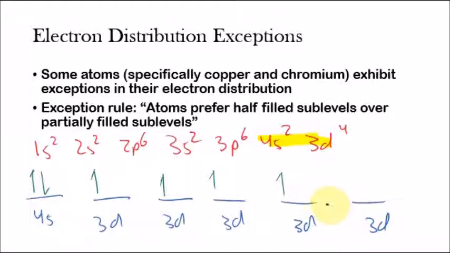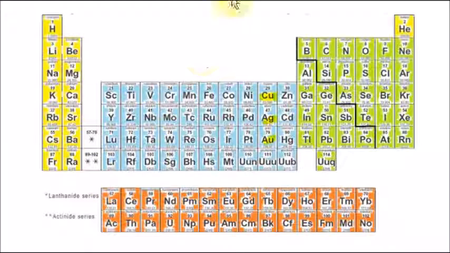So what's going to happen is that this electron right here is going to move over here. One of the electrons in the 4s orbital will come to this 3d orbital, and now all of these are half-filled sublevels. And this is actually preferred. So our electron configuration is going to change from 4s2 3d4 to 4s1 3d5. And this is actually the correct electron configuration. Something similar would happen for molybdenum and tungsten.